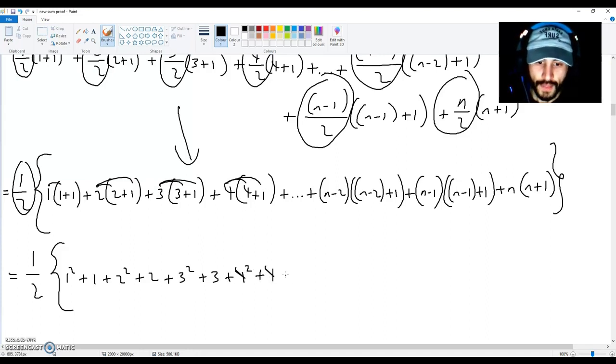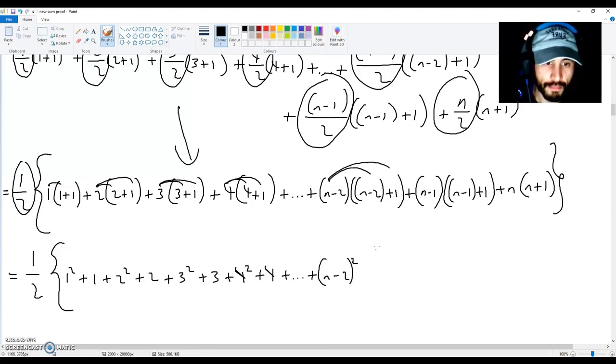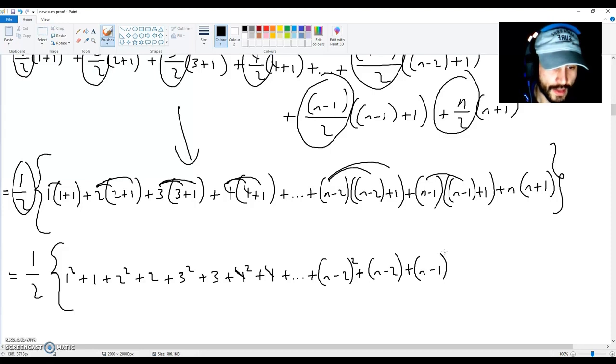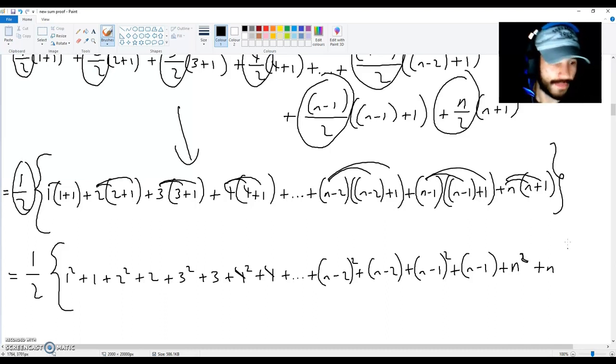and so on, plus n minus 2 squared plus n minus 2, and then plus n minus 1 squared plus n minus 1, and then plus n squared plus n, all going into these big brackets over here.